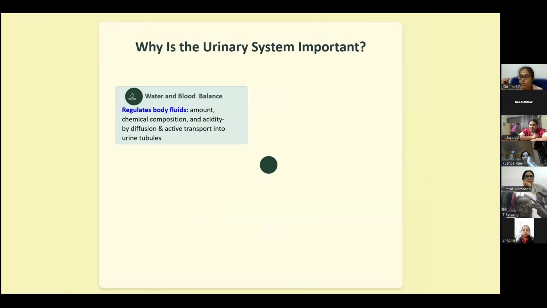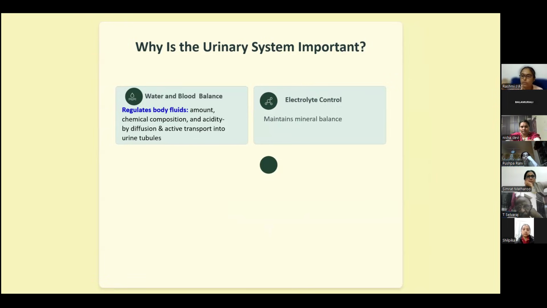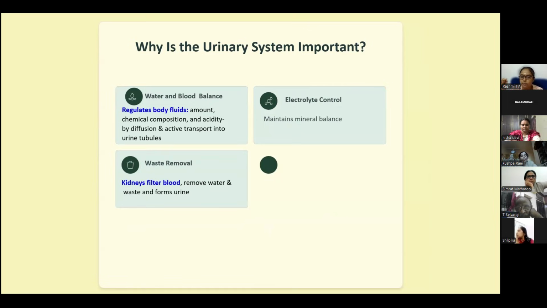Now what will the urinary system do? It helps in maintaining the water and blood balance. The amount, the chemical composition, acidity, all these things are maintained by diffusion and active transport of materials. Then electrolyte control, the mineral balance, that is calcium, phosphorus, are balanced because of the urinary system. Then waste removal: whatever is in excess in the blood, it will remove. What is not required for the body, it will remove.